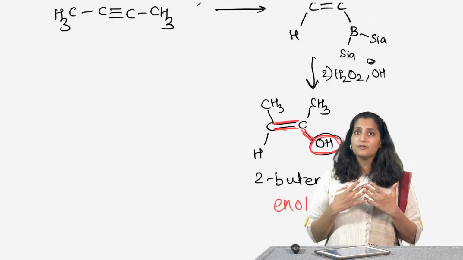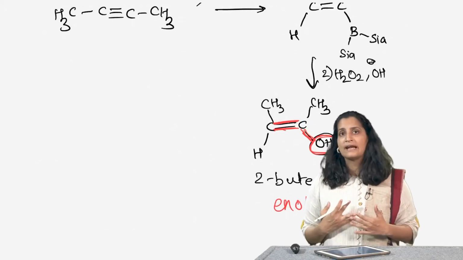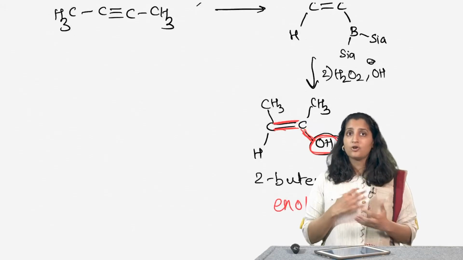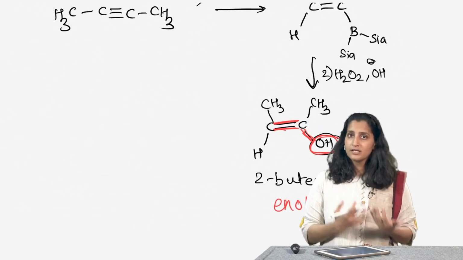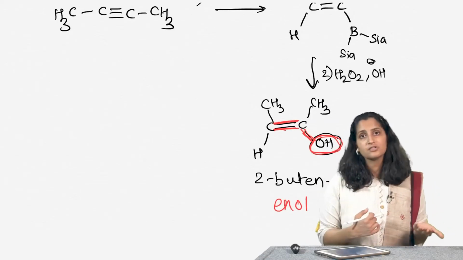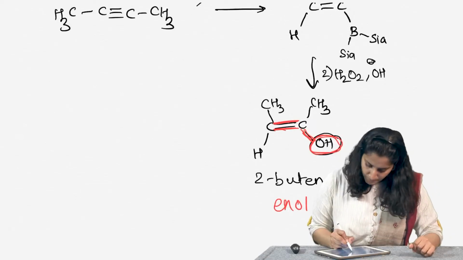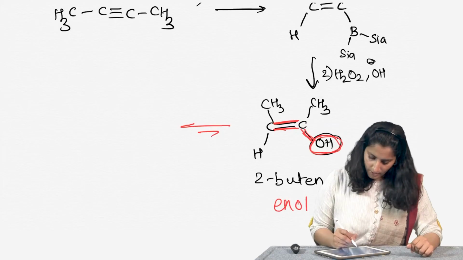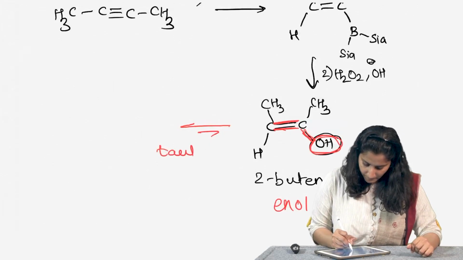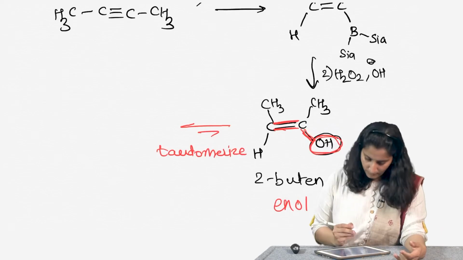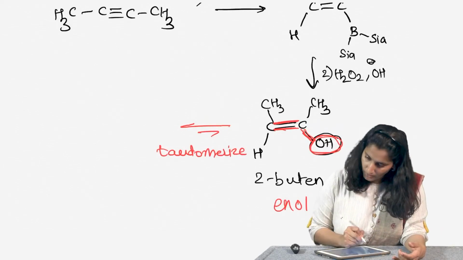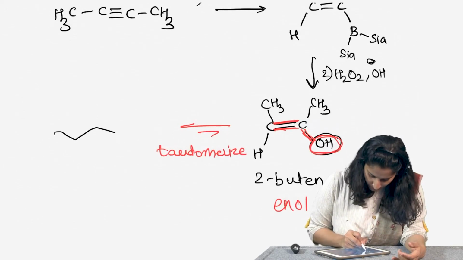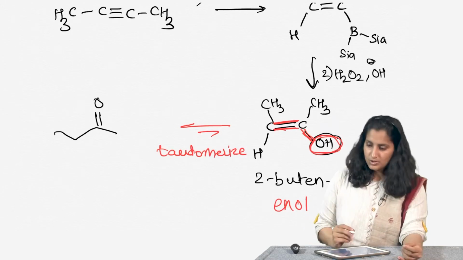This enol functional group has a very particular characteristic: it tautomerizes to something called a ketone. We had seen the functional group of ketone, and this enol will tautomerize to form a ketone, and in fact this molecule is going to result in the formation of 2-butanone.